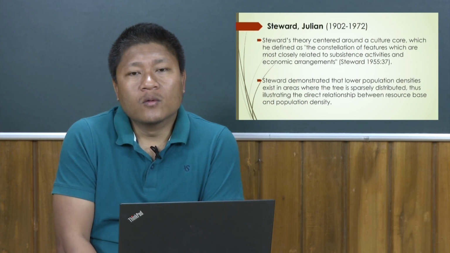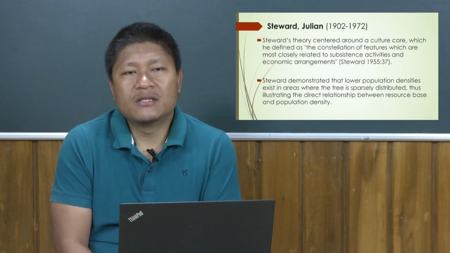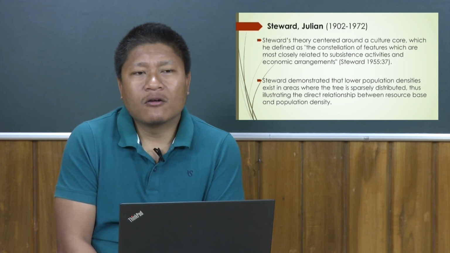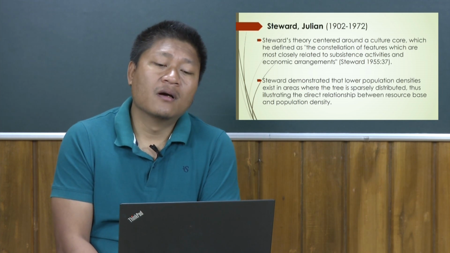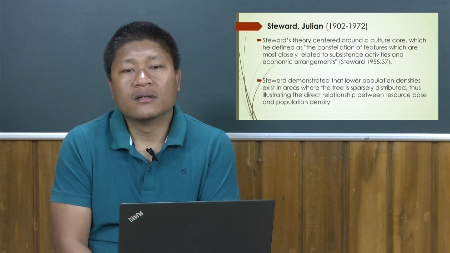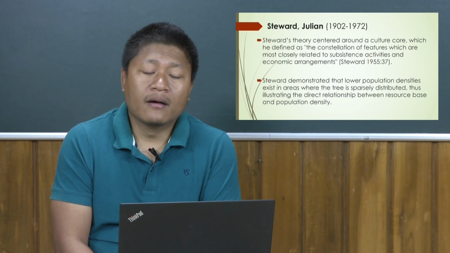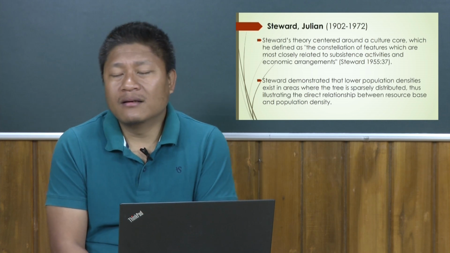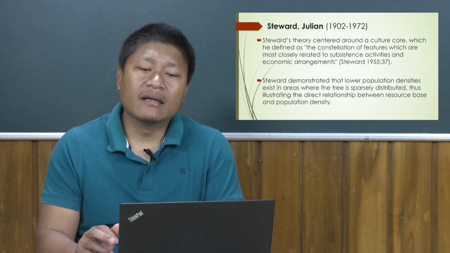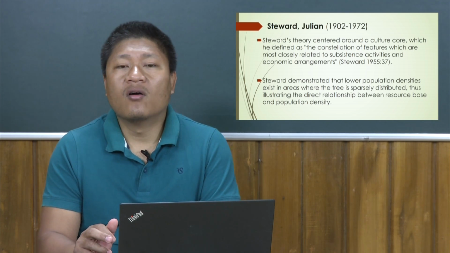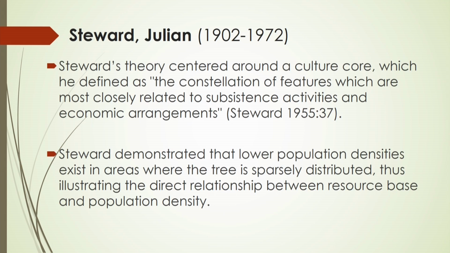Now, the contribution of Julian Steward in ecological anthropology is enormous, and his work primarily centers on the culture core. In the works on the culture core, he gave emphasis to the constellations of features which are most closely related to subsistence activities and economic arrangements.